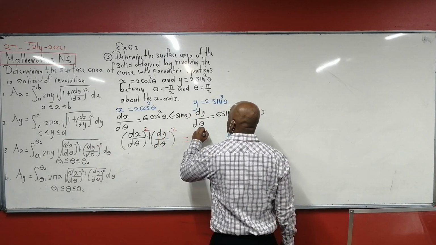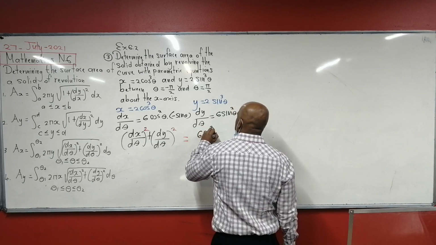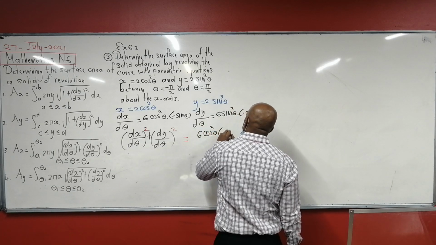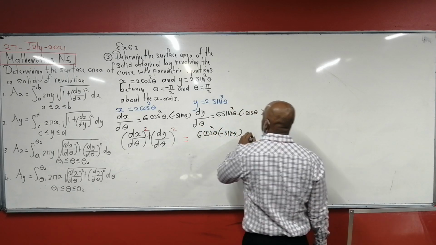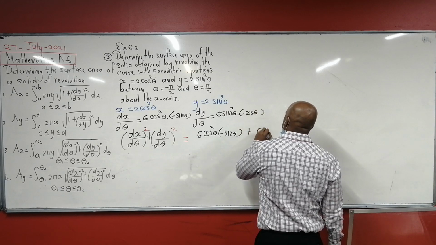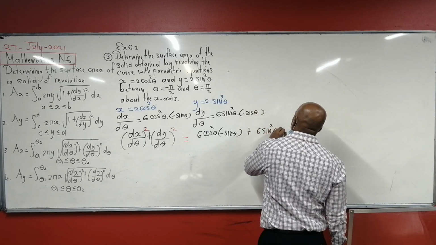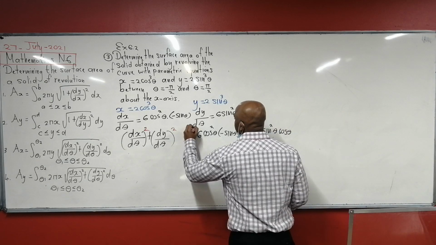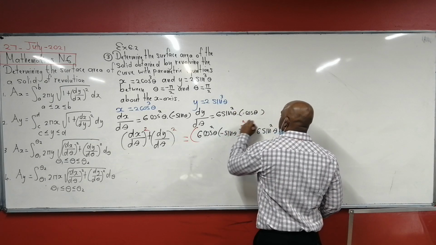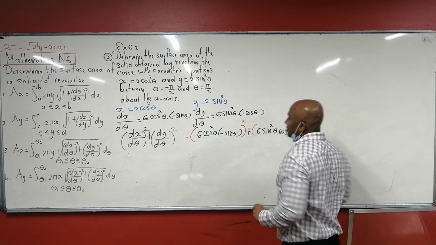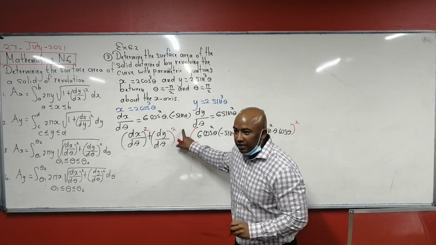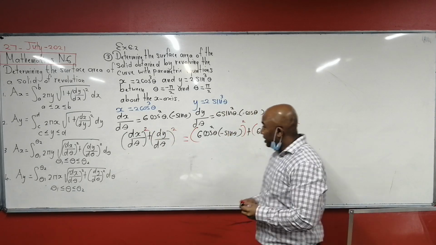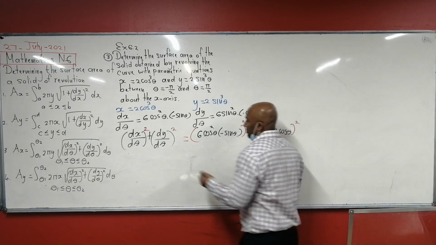So that means I got 6 cos squared theta times minus sine theta there, and 6 sine squared theta cos theta. And what am I doing? I need to square that and I need to square that. There's my square and square that. You see that? Simplification here is very important.